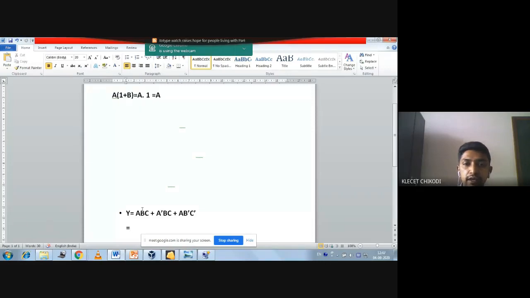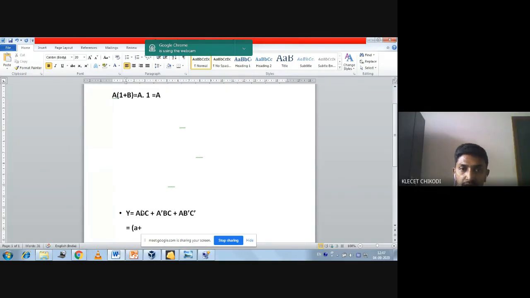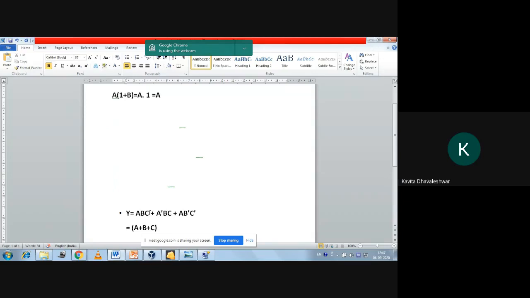So what will it be? Instead of A into B into C, it will be A plus B plus C. And what about this plus? That will become dot.